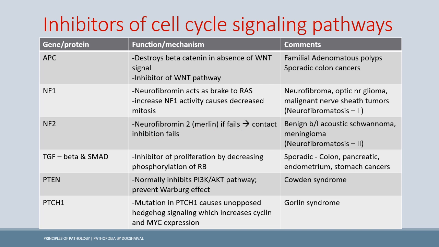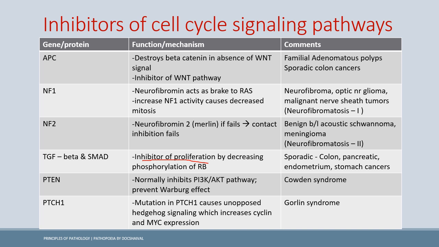The next one is TGF beta, or the SMAD. TGF beta is an inhibitor of proliferation, and hence you can say it is suppressing tumor formation. But it is more important to understand which type of cell TGF beta is inhibiting.